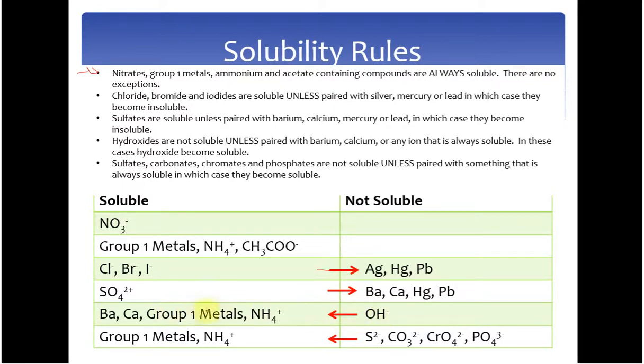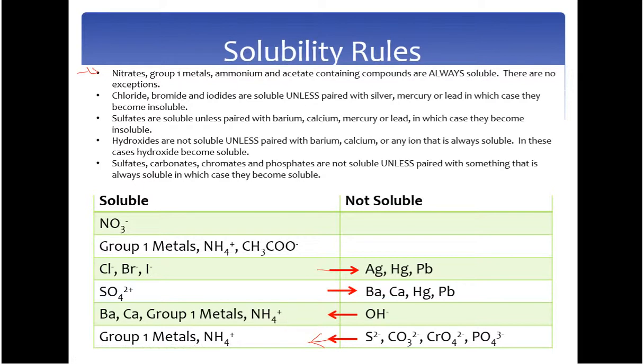So sodium hydroxide, potassium hydroxide, barium hydroxide, calcium hydroxide, those are always going to be soluble. Group 1 metals and ammonium can also force sulfates, carbonates, chromates, and phosphates to be soluble. So these guys are always insoluble unless they're paired with one of these, in which case it forces it to go to the soluble side.